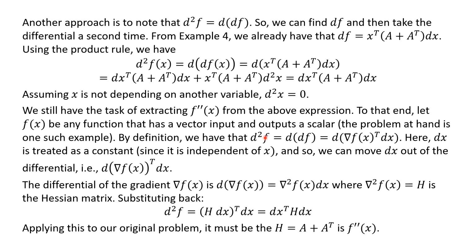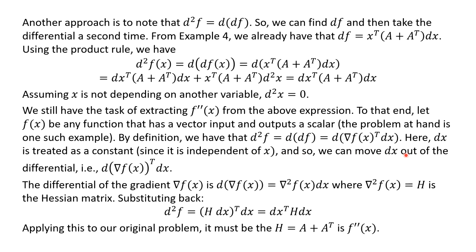By definition, the second differential of f equals the differential of df. Then I just plugged in the representation for the differential of f, which we stated much earlier in another lesson. So you have this here. In this case, dx is treated as a constant, since it's independent of x.